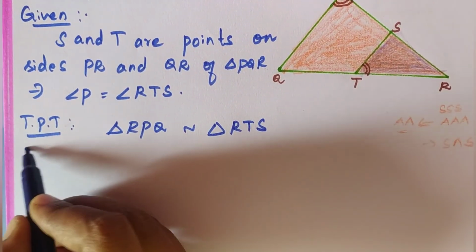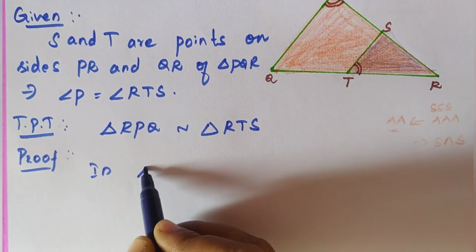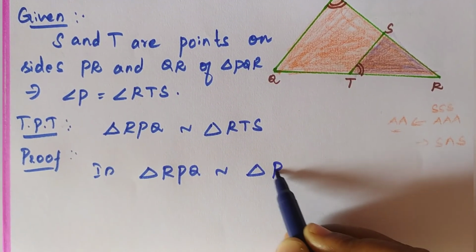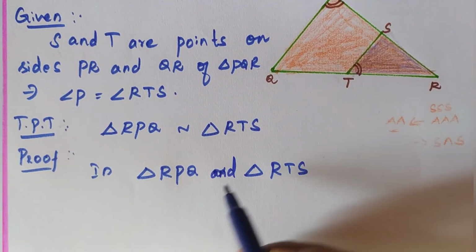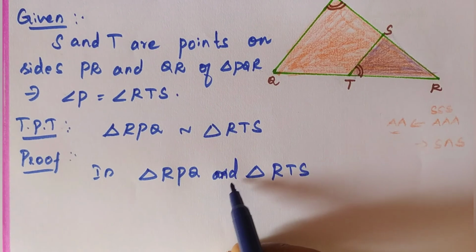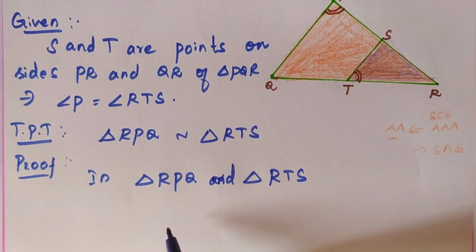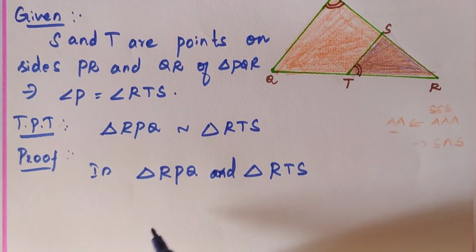And then proof. First take the two triangles. In triangle RPQ and triangle RTS. First you should not write similar. First you have to take the two triangles and then only you have to prove that it is similar. Clear?